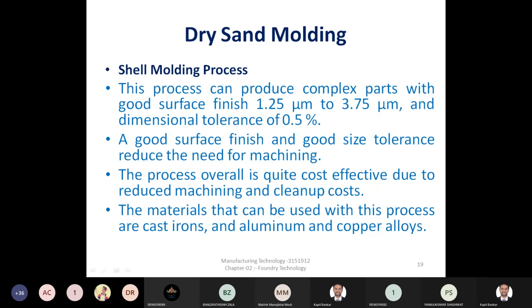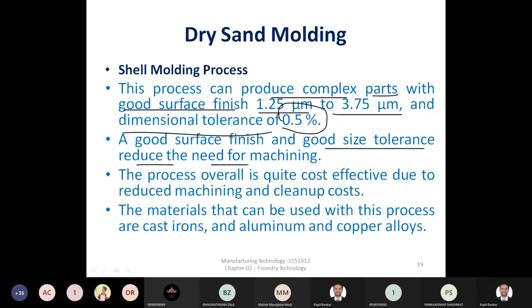This process can produce complex parts with good surface finish, about 1.25 micron to 3.75 micron, and the dimensional tolerance is about 0.5%. A good surface finish and good size tolerance reduce the need for machining.